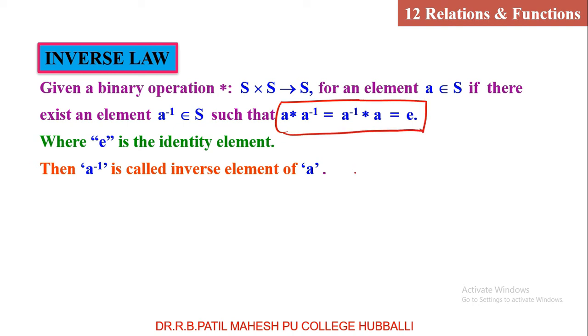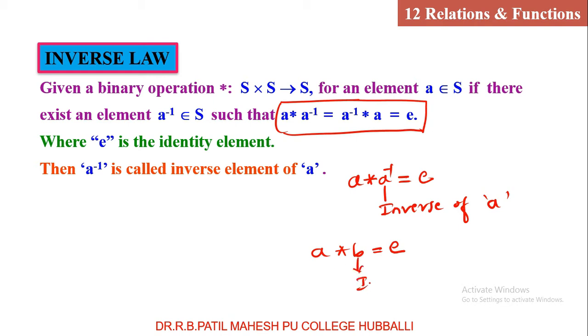It means you already know how to find the identity element, that is E. Once you get the identity element, then you can find the inverse element. Here the definition of inverse element is A star A inverse is equal to E, then only we call this element the inverse of A. Suppose A star B, if you get the element E, then B is called what?